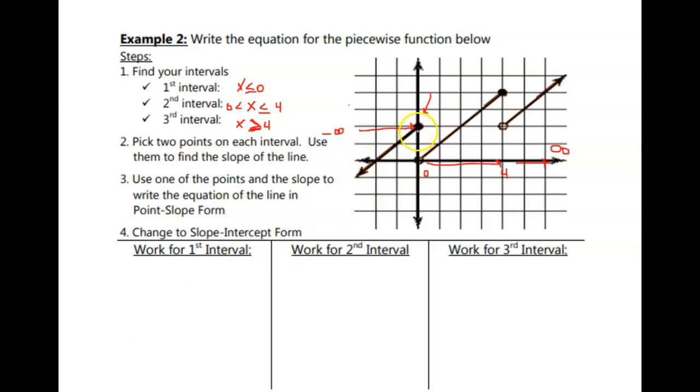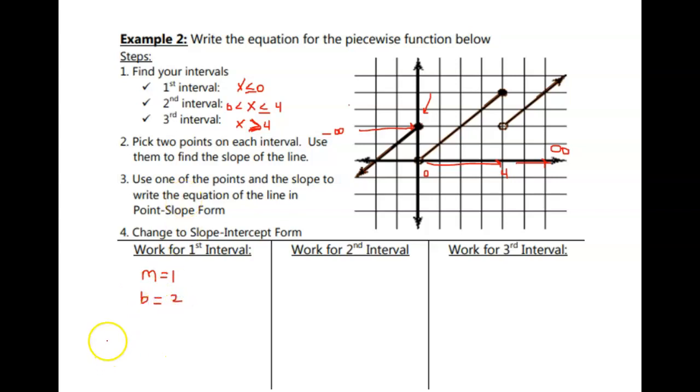If I look starting at the intercept, which is at 2, I can count down 1 and go over to the left 1, so fall 1 and run backwards 1. And that tells me that the slope has to be 1 because I end up on the line. So m is equal to 1, and my y-intercept, or b, is equal to 2.